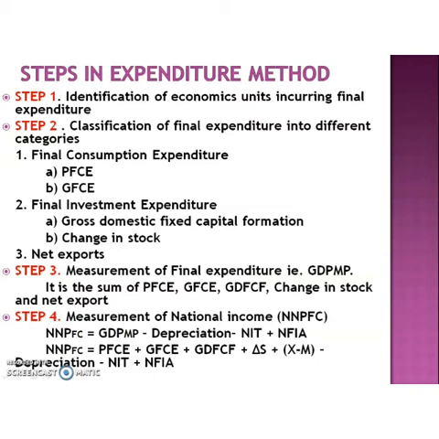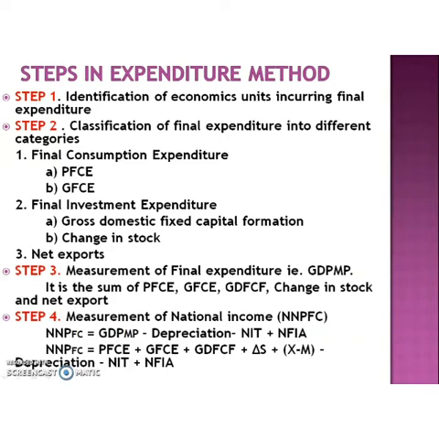Then the second category is final investment expenditure, which includes gross domestic fixed capital formation and change in stock. Then the third category is net export, that is export minus import. So classification of this expenditure into different categories is the second step.